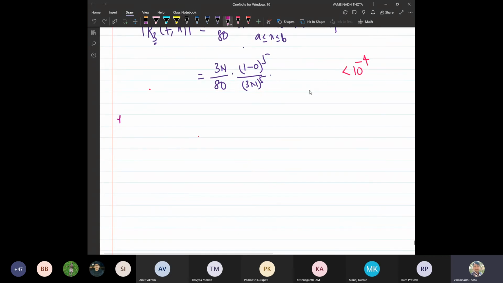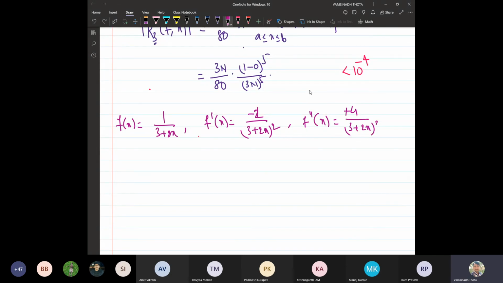For this, f of x is equal to 1 upon 3 plus 2x. The derivative is minus 1 upon (3 plus 2x) square times 2. The double derivative is plus 4 upon (3 plus 2x) cube times 2, so this will be 8.